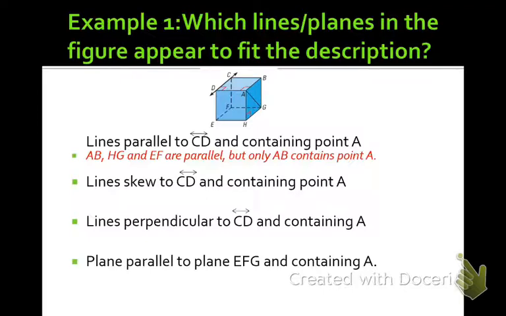Lines skew to CD containing A. Which lines are skew to CD and contain A? Kayla? AG is one. What's another one? AH. AG and AH.